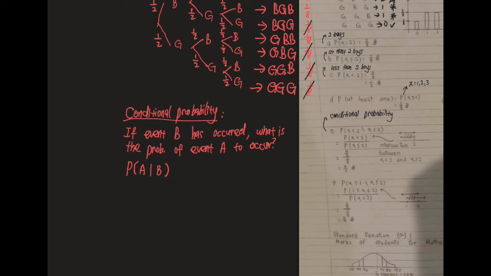Condition means something already happened which may affect the probability of A. An example is: if it is raining, what is the probability that you go out to play football? The raining is affecting it, which is kind of true, right?